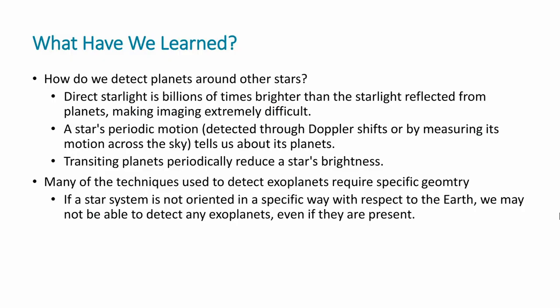And a lot of the methods that we use most often require very specific geometries. For example, the Doppler shift and the exoplanet transit method really need you to be looking edge on at the other solar system.